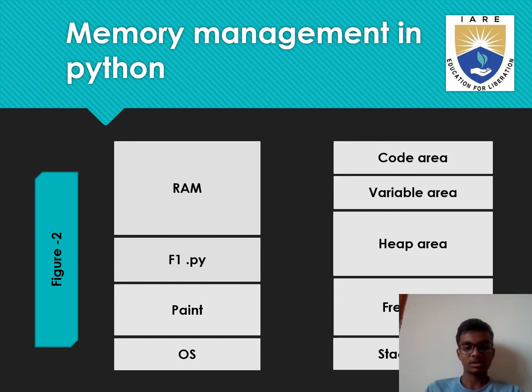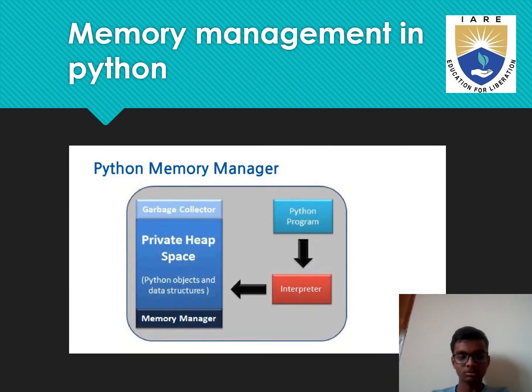The variables that are needed outside of method or function calls, or are shared within multiple functions globally, are stored in heap memory. Memory management in Python involves a private heap space containing all Python objects and data structures. The management of this private heap is ensured internally by the Python memory manager.